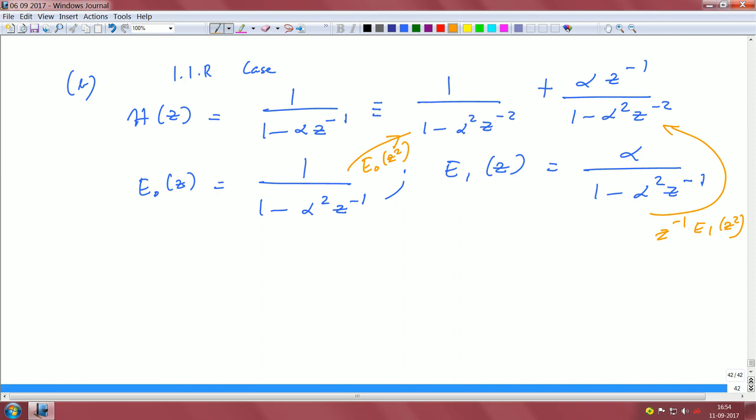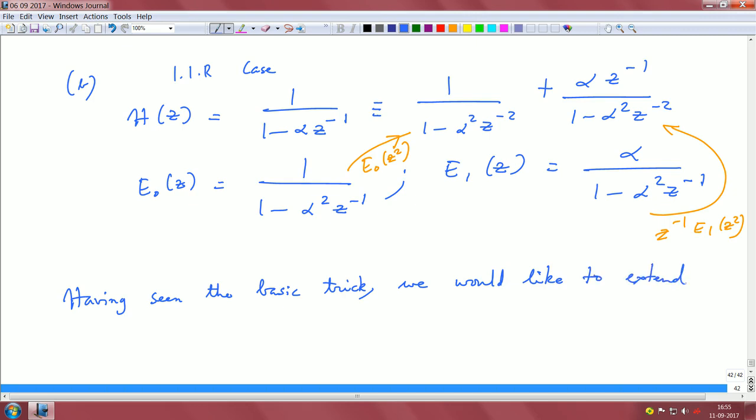Now we would like to extend this idea for any integer m.